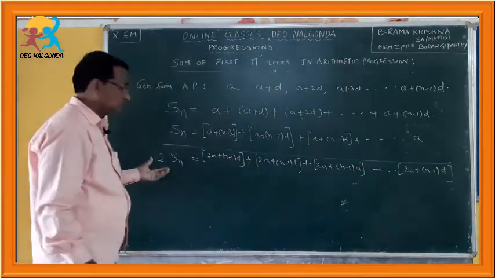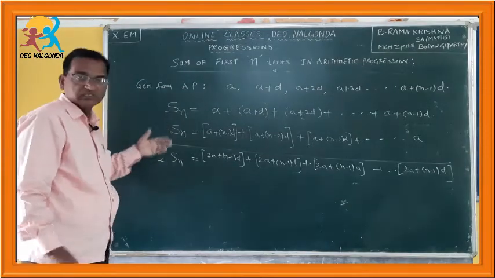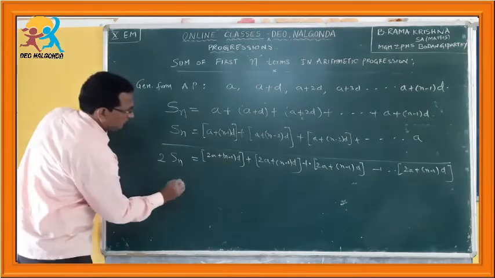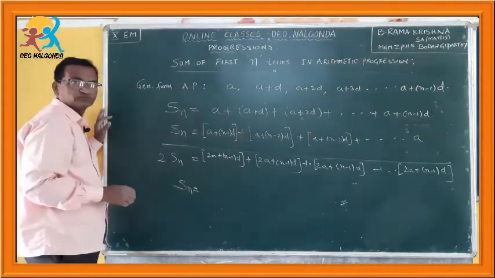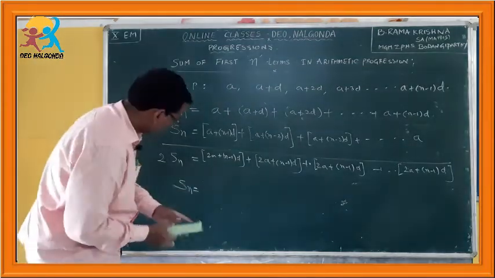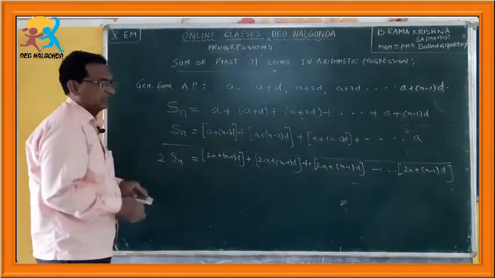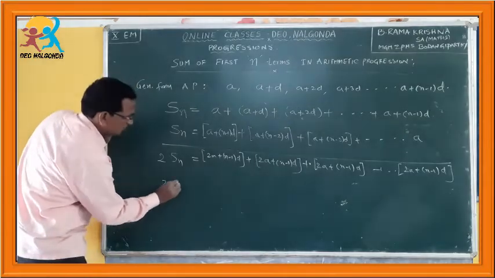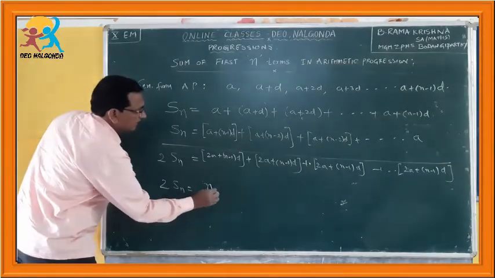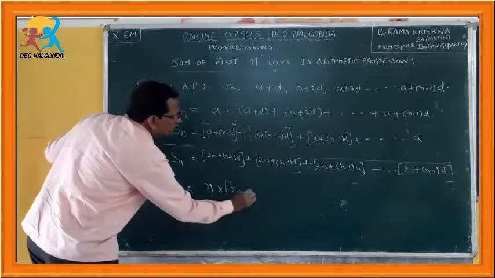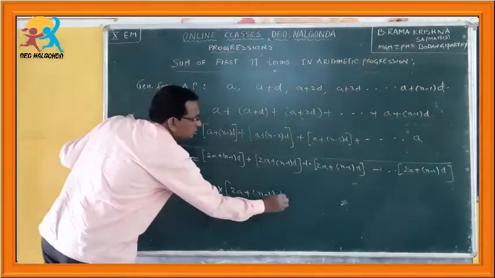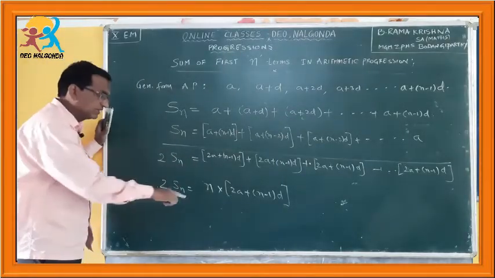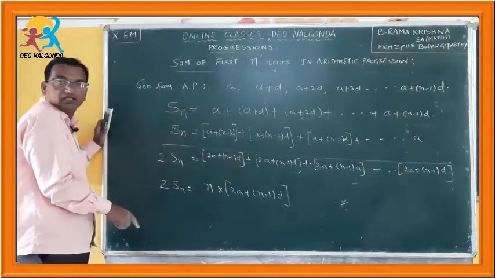So, this is what we get when we add both these terms, but we want only Sn simply. First of all, let me add this. How many times is this added? This is repeated n times. Therefore, 2Sn is equal to n into 2a plus n minus 1 into d. Why n? Because this is repeated n times.